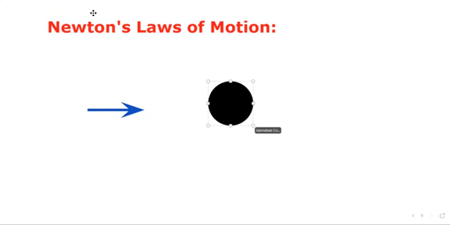if you would not apply any force to stop this object. If you would not apply any force to stop this object, this football will keep its motion in the same direction.